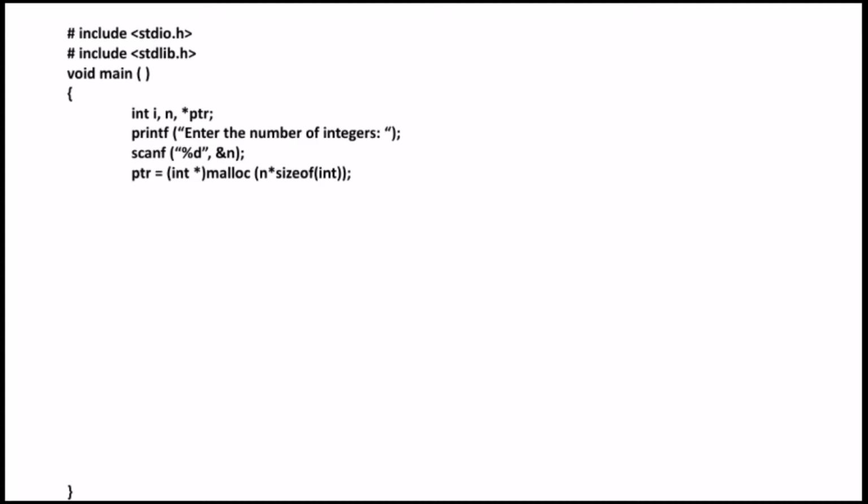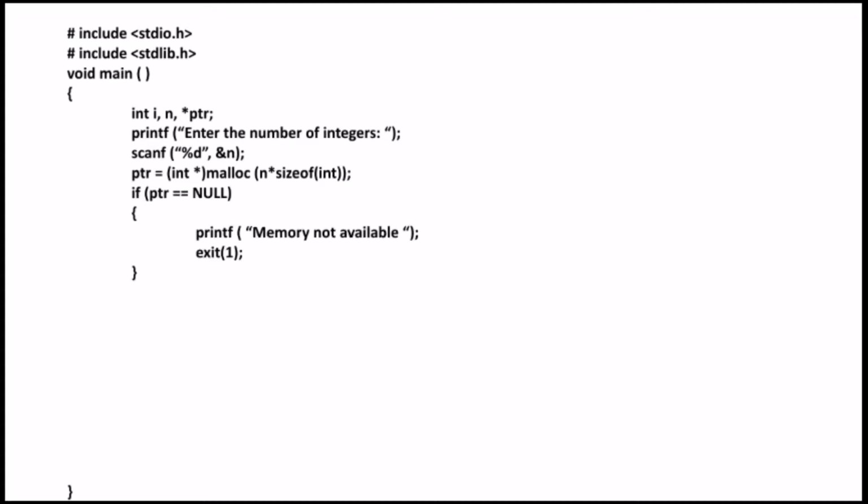This value is of type void, which will be returned by the malloc function, and that value will be converted by using the typecast int star, and saved in ptr.